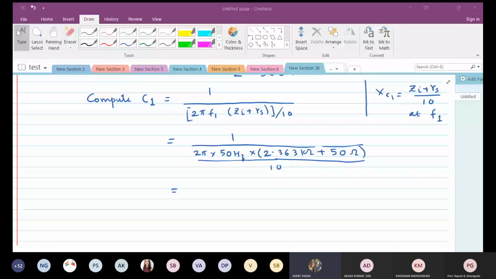Now it is a surprising thing to see that the number of attendees is very less, 63 only. Sir, it's 607 microfarad. No. Check it properly.